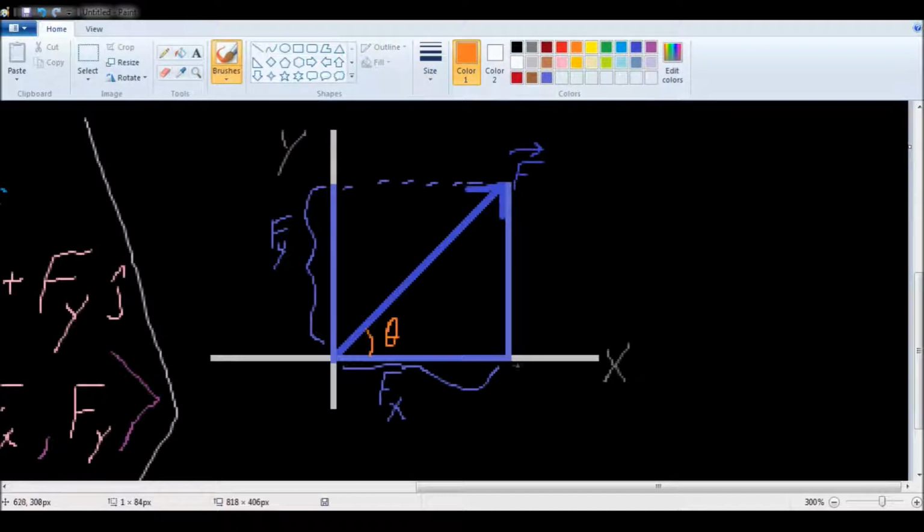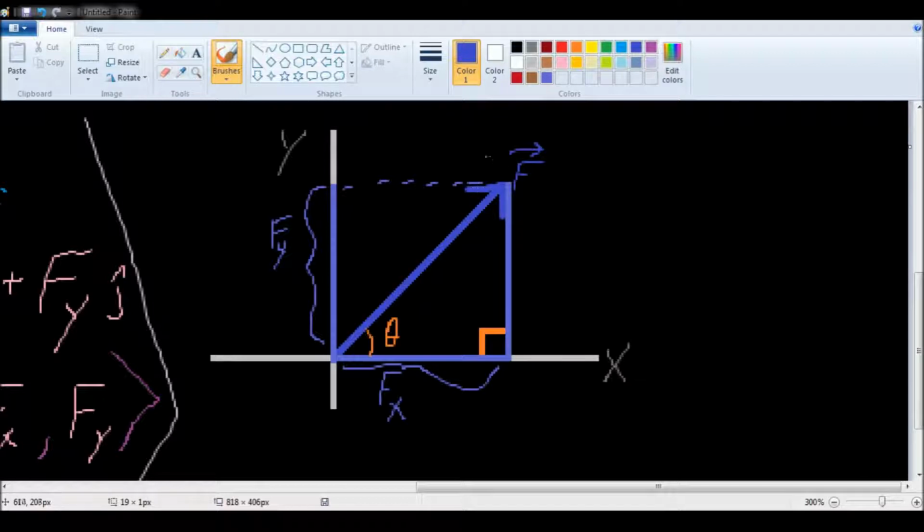This looks almost incredibly like a right triangle, because it is. Oh my gosh, it's a right triangle. That now makes this theta a billion times more useful, and I will show you how that is so.